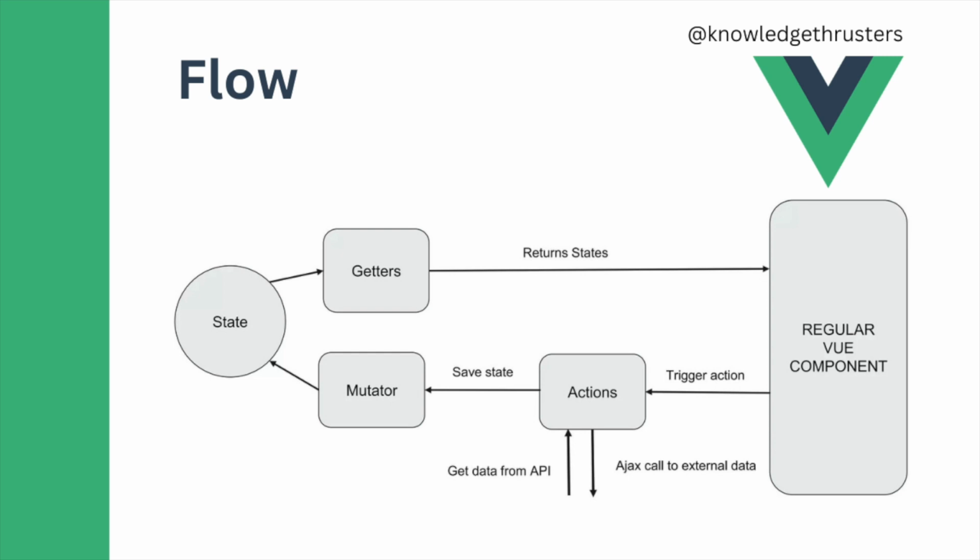Let's say in state you have variable a that has value 2. A getter is a function that will get the current value of your variable a, that is 2, and return that state value to your Vue component.